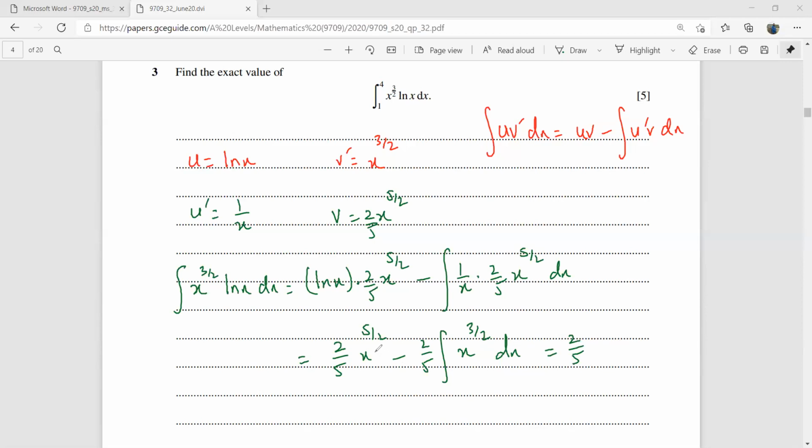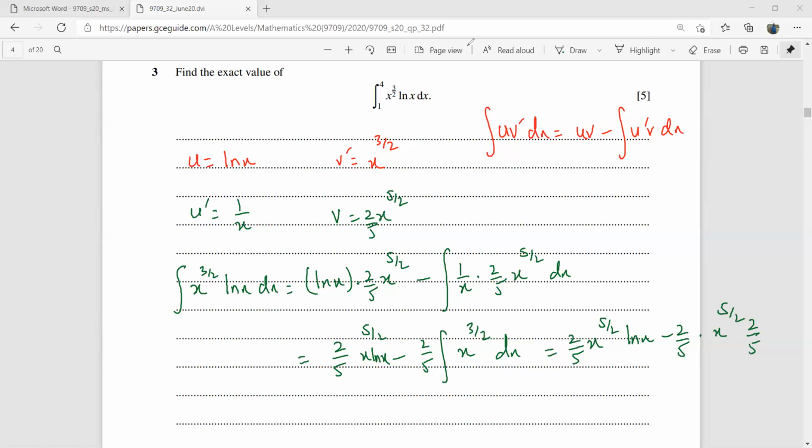There was ln x as well here. I didn't write that ln x. Okay. So it's 2 by 5, x to power 5 by 2 ln x, and then you have minus 2 by 5 into x to power 5 by 2 into another 2 by 5. And now I can put the limits.